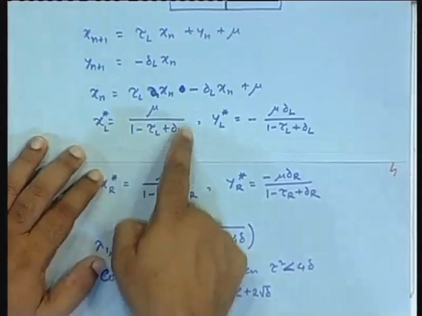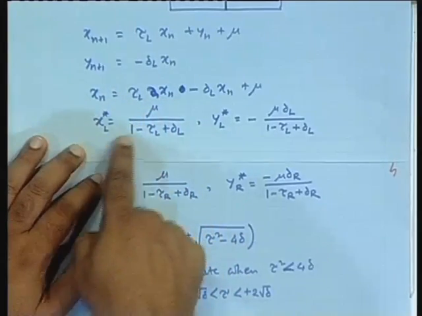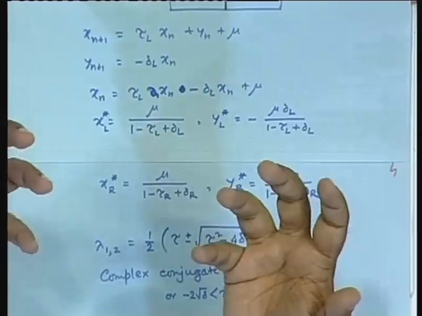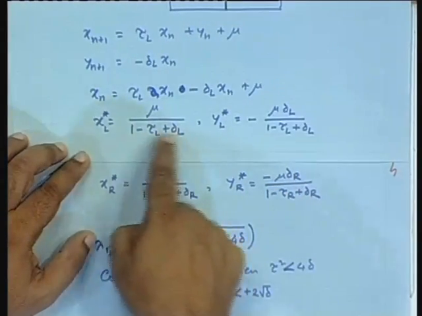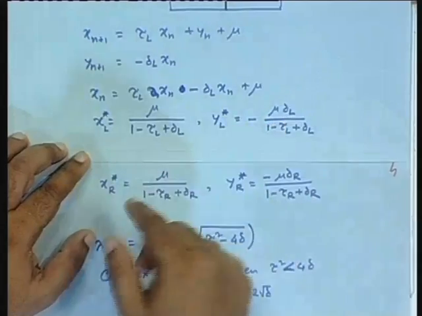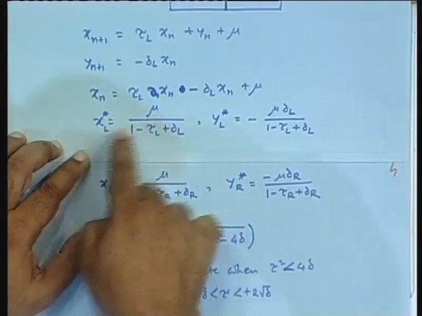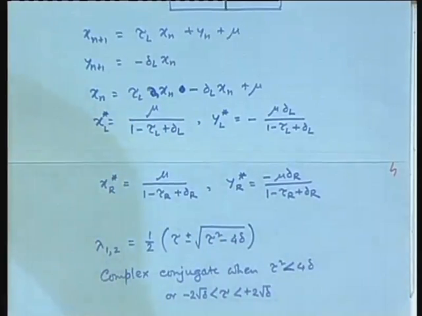If mu is negative, then this x L star, the fixed point's position, is also negative, provided depending on the denominator, but in general you can consider that this fellow is positive. So, mu negative means this fellow is also negative, mu positive means it becomes positive.